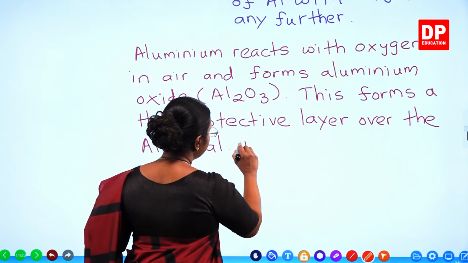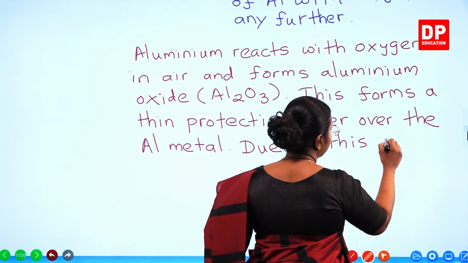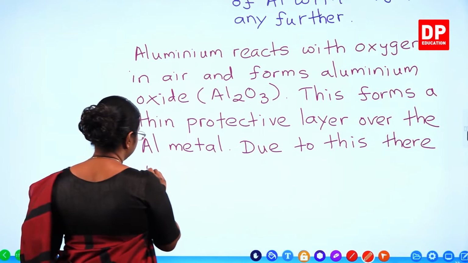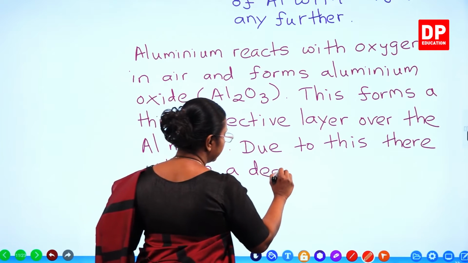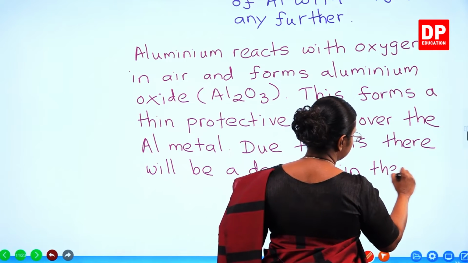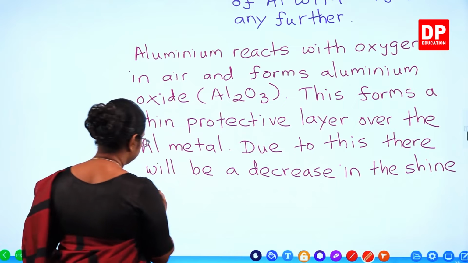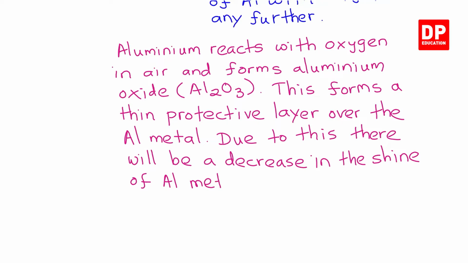So we can say due to this, there will be a decrease in the shine of aluminium metal. So that means there will be a small amount of tarnishing.